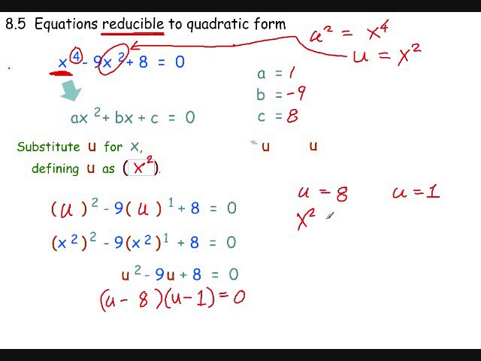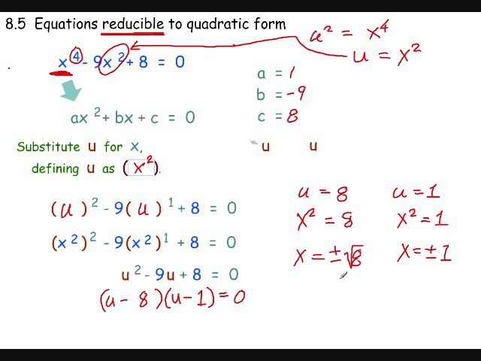x squared equals 8. x squared equals 1. x is equal to plus or minus the square root of 8. x is equal to plus or minus the square root of 1, which is 1.